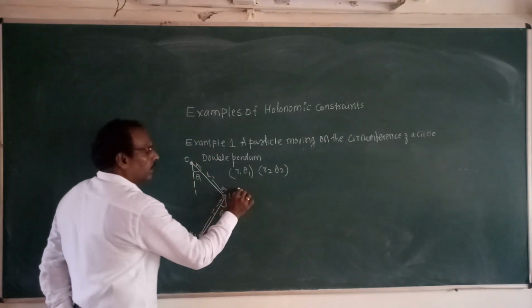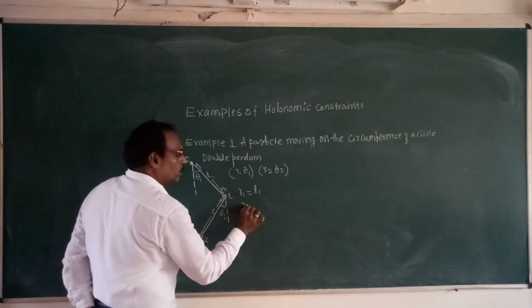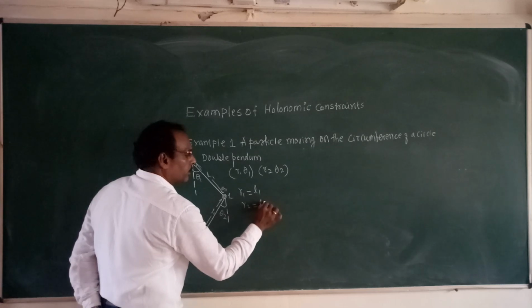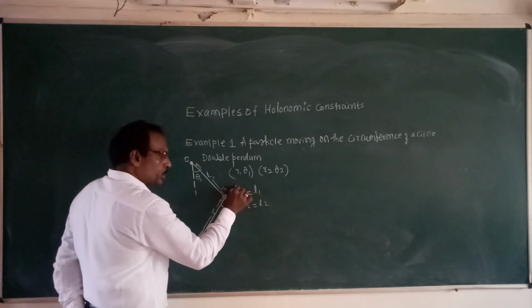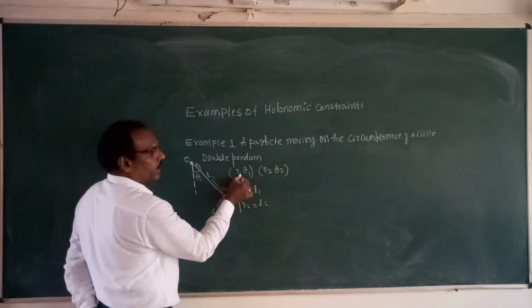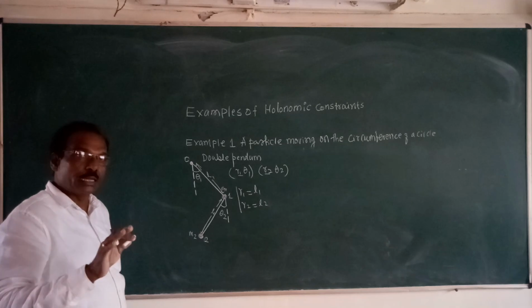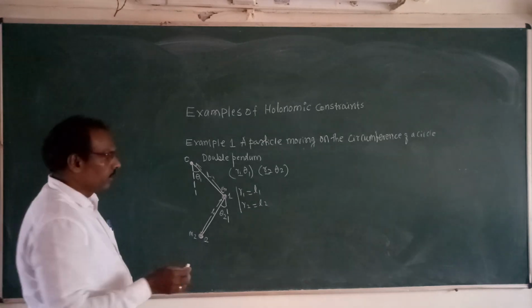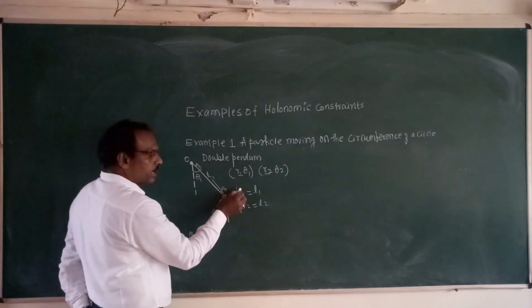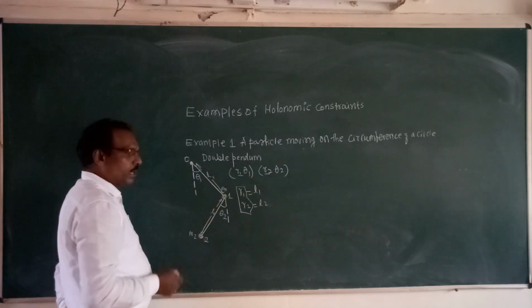So this R1 is equal to L1 and R2 is equal to L2. And these two, that is R1 and R2, are the coordinates here, and these two coordinates remain constant. They don't vary. They are independent, and we have eliminated them from the equation.